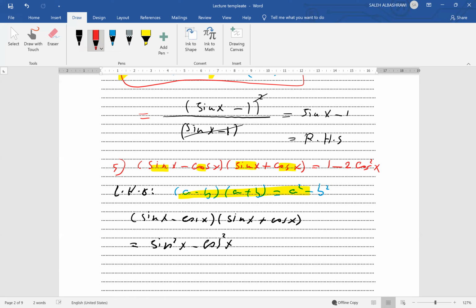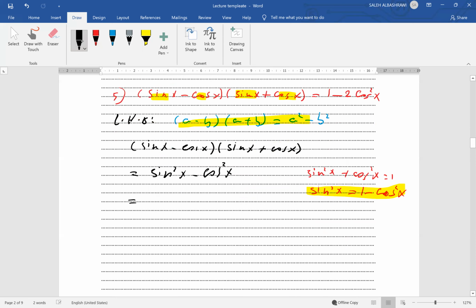But also we know that sine square x plus cosine square x equal to 1, or I can say sine square equal to 1 minus cosine square. So I'm going to replace sine square by 1 minus cosine square.